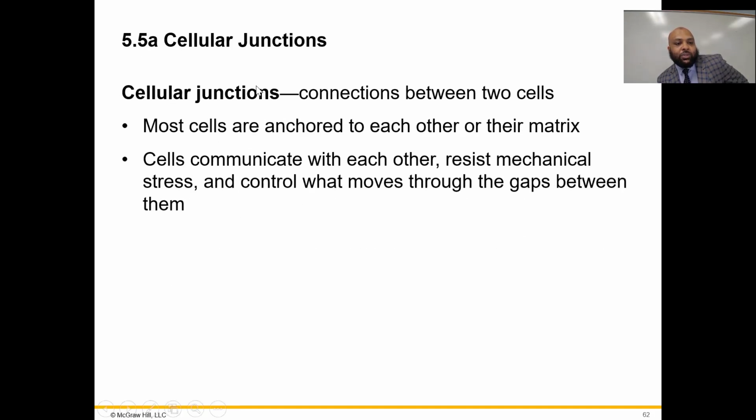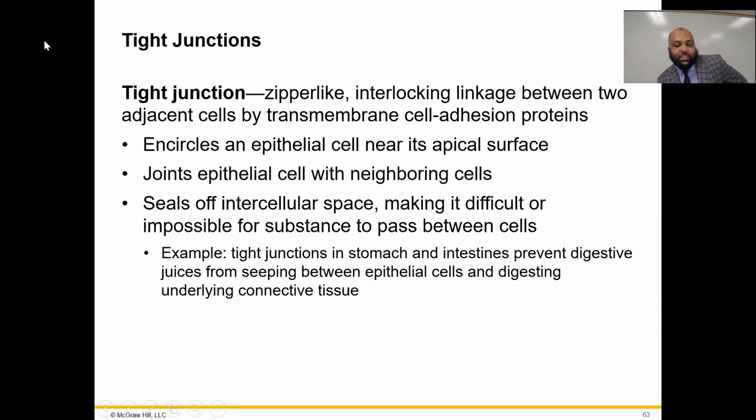In addition to the cellular junctions, we also have tight junctions. Tight junctions are zipper-like. They are an interlocking linkage between two adjacent cells by transmembrane cell adhesion proteins. We talked about those CAMs or CAPs: CAP, cell adhesion protein; CAM, cell adhesion molecule.